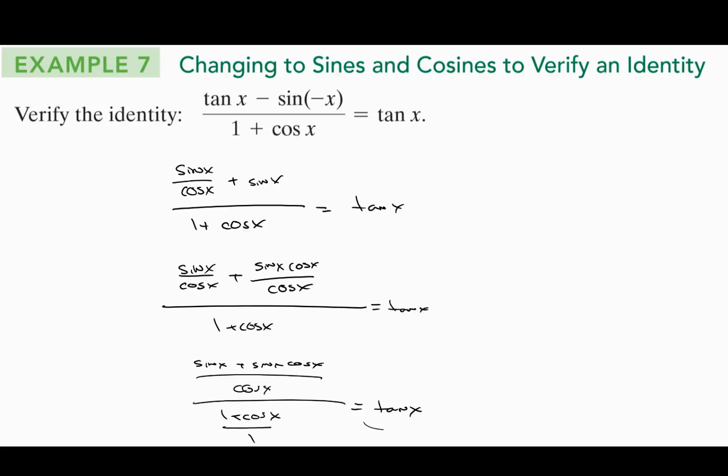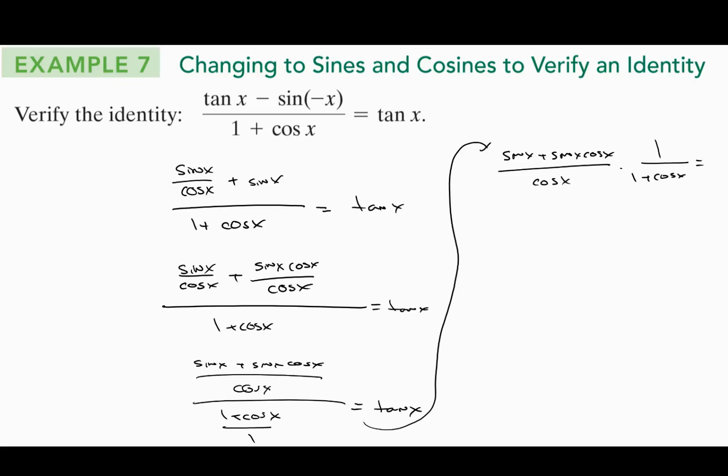So let's go up here. So we have the sine of x plus the sine times the cosine over the cosine times the reciprocal of the bottom. Whoops, 1 plus cosine. And now, notice I can factor something out.